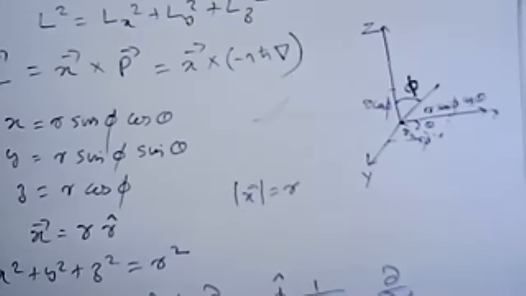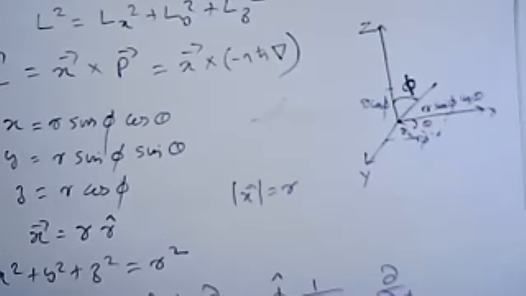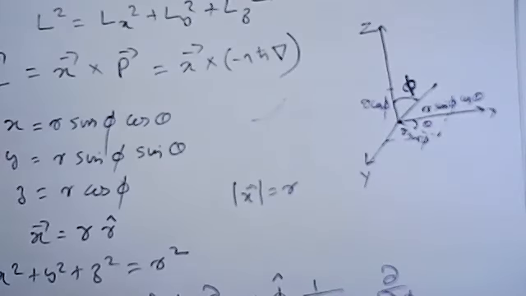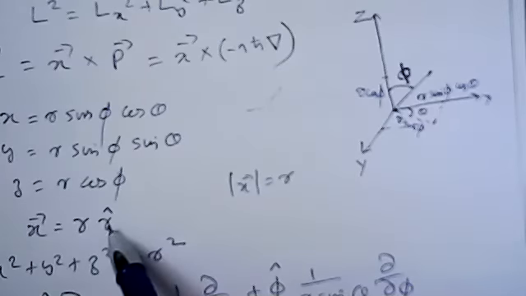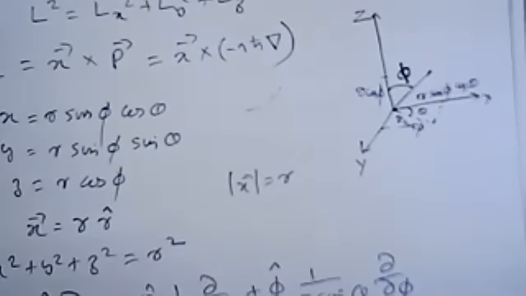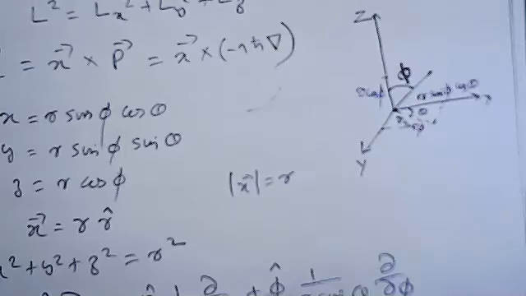So you can write r into unit vector r cross unit vector r ∂/∂r.